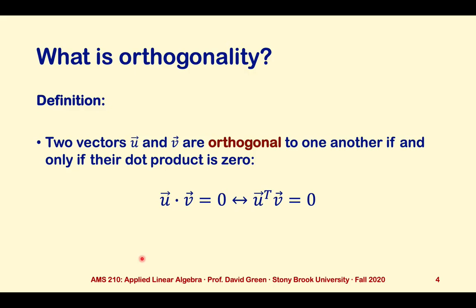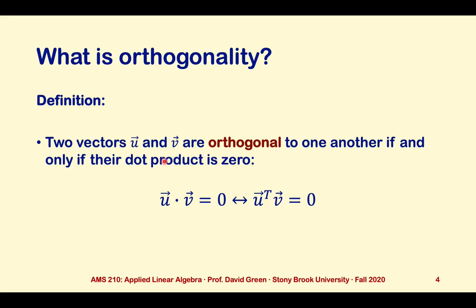Let's begin with a discussion of what orthogonality means. We can start with a definition for what it means for two vectors to be orthogonal. Two vectors, u and v, are orthogonal to one another if and only if their dot product is 0.